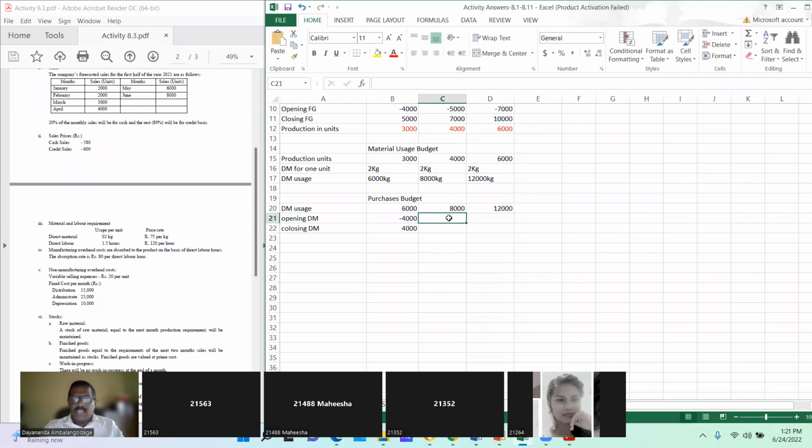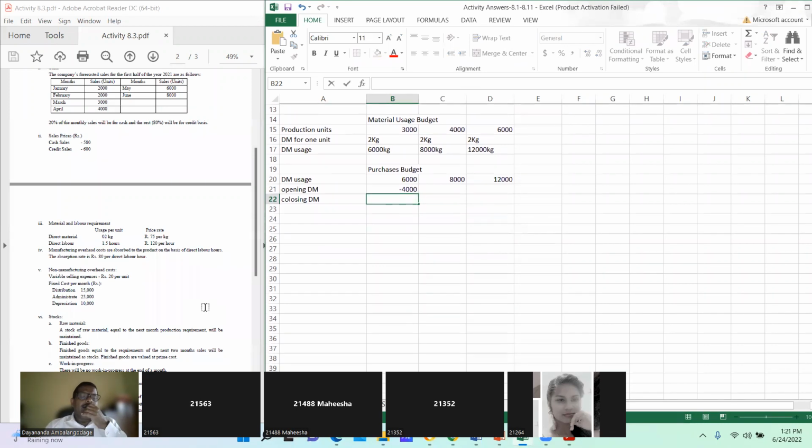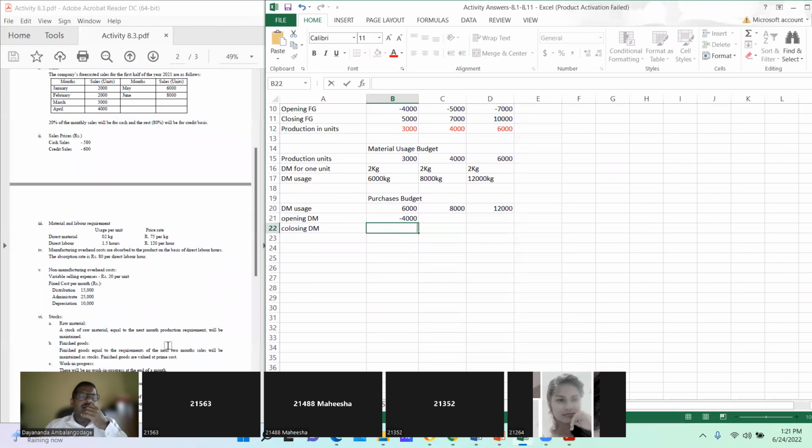Then it will be opening. Here next month production requirement.